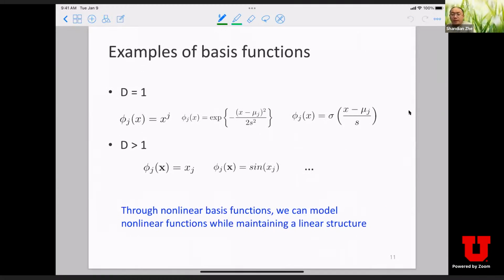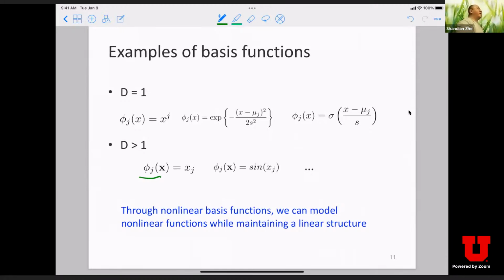So this actually gives a very good flexibility. If you can imagine each phi j as the output of a neural network, it's also doable. I can use the neural network to transform my input. Imagine the common neural network: the last layer is always a linear combination of outputs from the second last layer. Each output of the second last layer can be viewed as the output of a sub neural network.